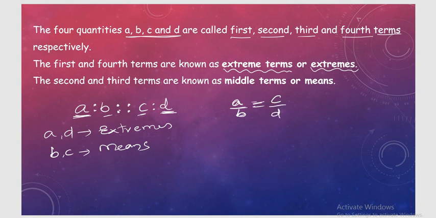Now since we have two fractions, we can directly do cross multiplication, right?